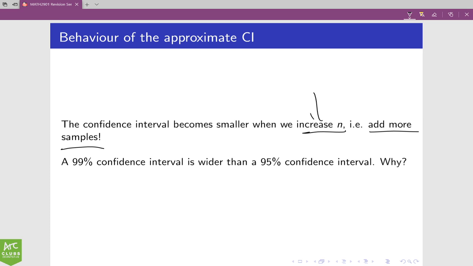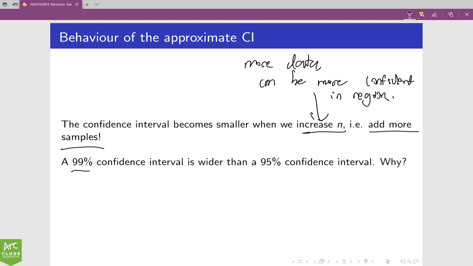So more data, more confidence in the region. And so we can shrink our confidence interval, right? And that links to this to an extent.